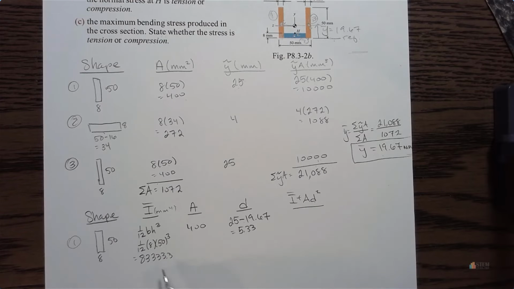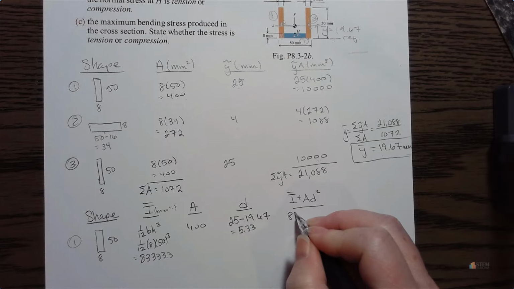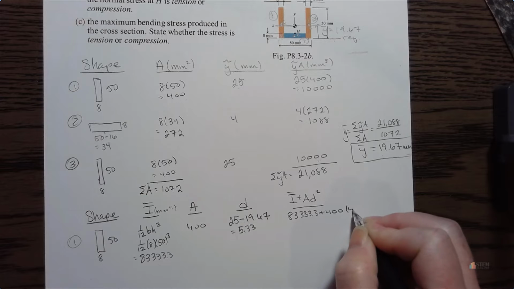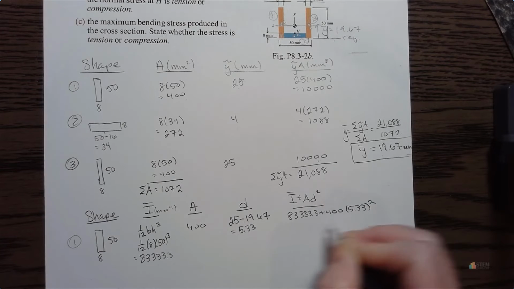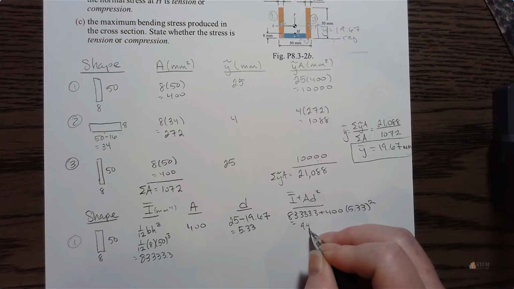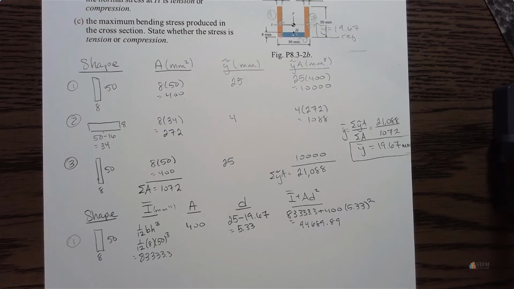And then we come over here, you're going to take this plus A times D squared. So we'll write this one out. All right, and then you should get 94,689.89.